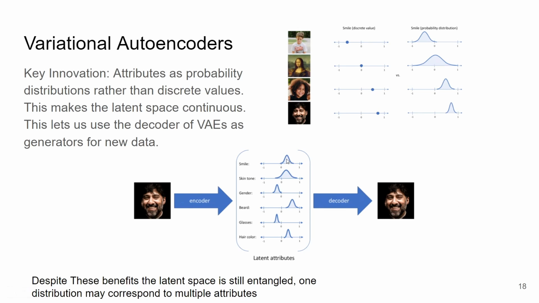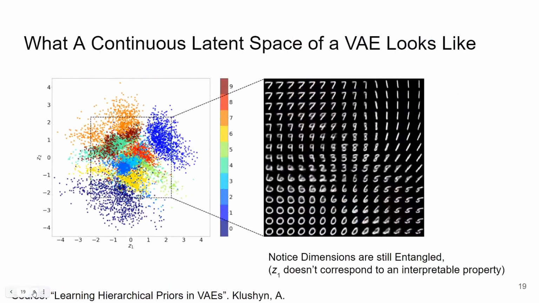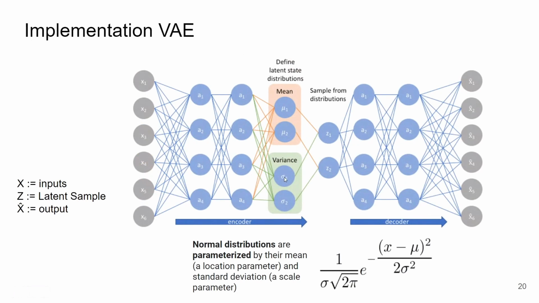So mu1 and sigma1 describe the bell curve for the first dimension in the latent space, and mu2 and sigma2 describe the curve for the second dimension.